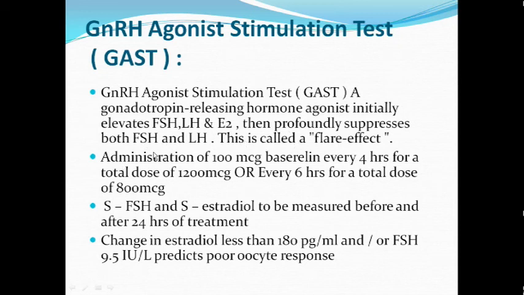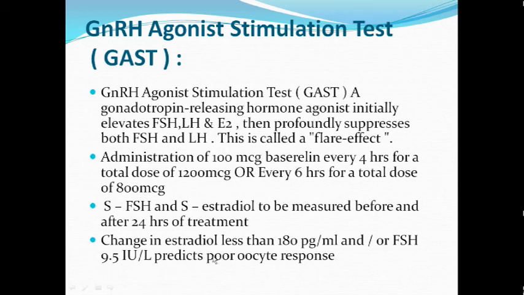Here we give an administration of 100 microgram buserelin. Different types of agonists are available: buserelin, nafarelin, goserelin, leuprolin. If you administer 100 microgram of buserelin every 4 hours for a total dose of 1200 microgram, or every 6 hours for a total dose of 800 microgram, serum FSH and estradiol are to be measured before and after 24 hours of treatment.